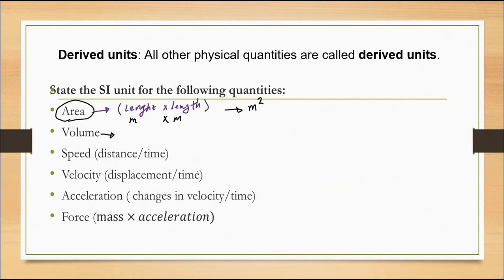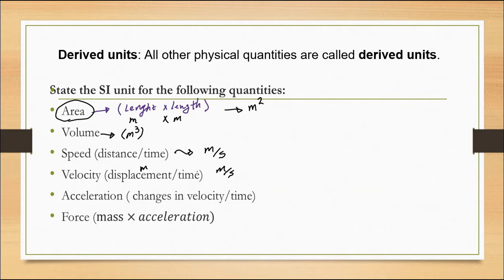Volume is length times length times length. It's meter cubed. For speed, it is distance over time. The SI unit for distance, a fundamental quantity, is meter. Time was second. So for speed it is meter per second. Velocity also, displacement, the SI unit for displacement is meter, so velocity is meter per second.